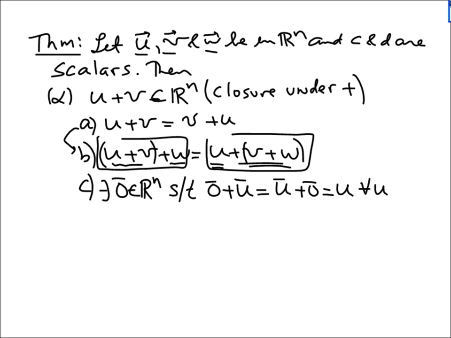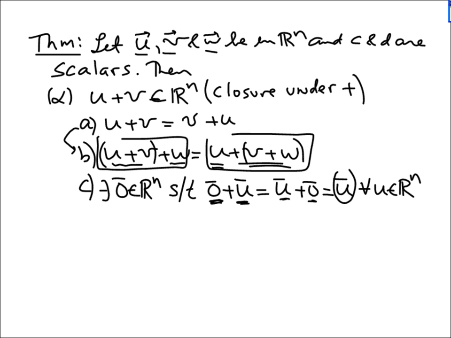And this is for all u in Rn. It is any vector in Rn. If you add the zero vector to it, or you add any vector to the zero vector, you get back that vector.